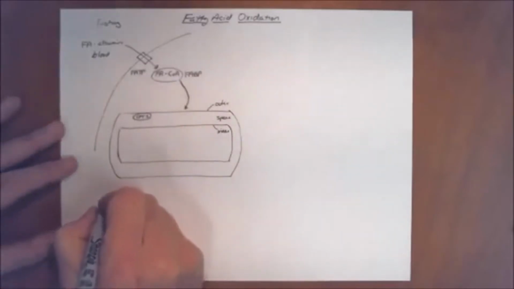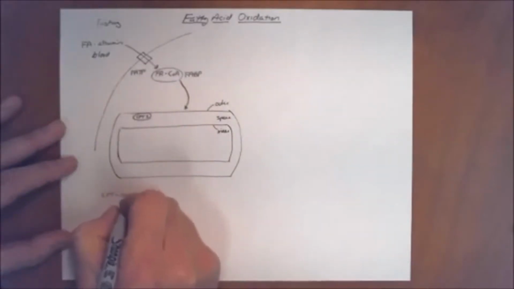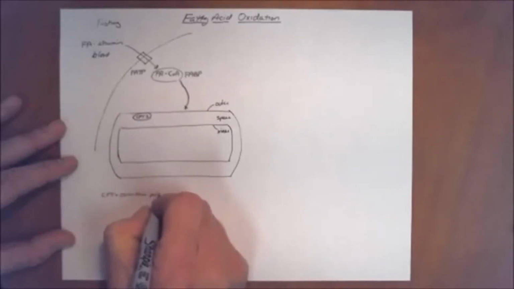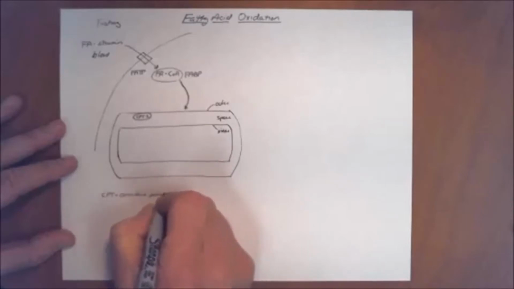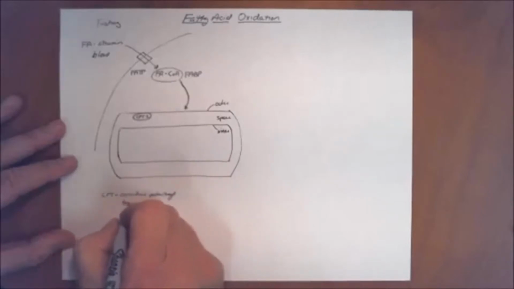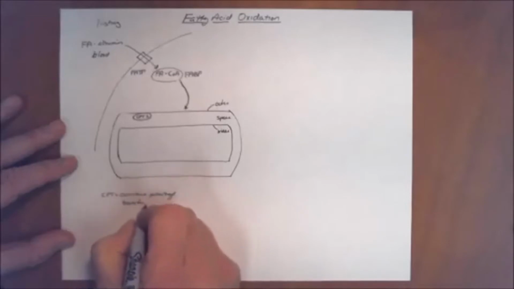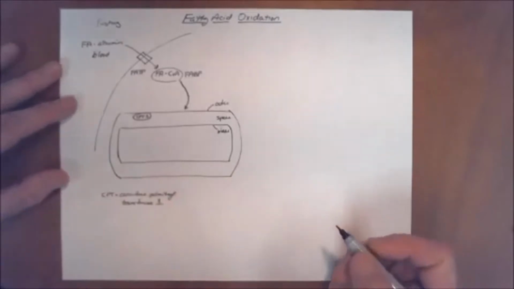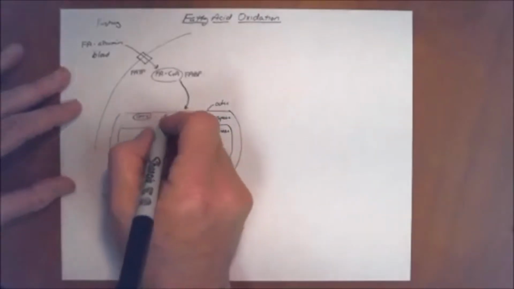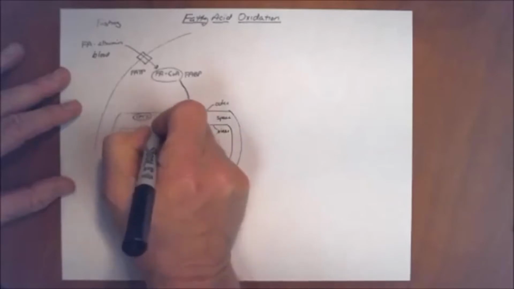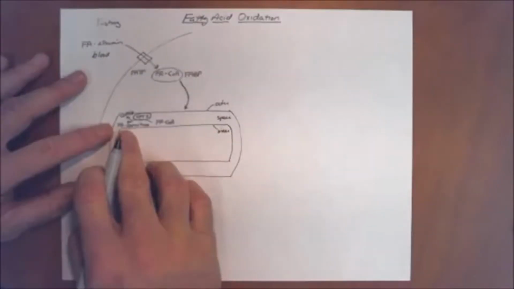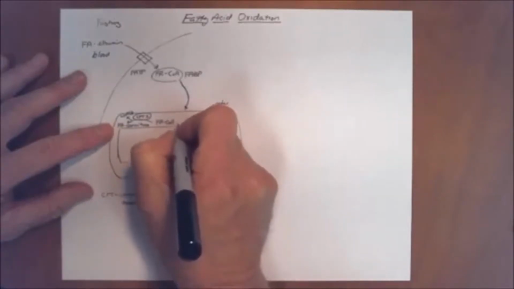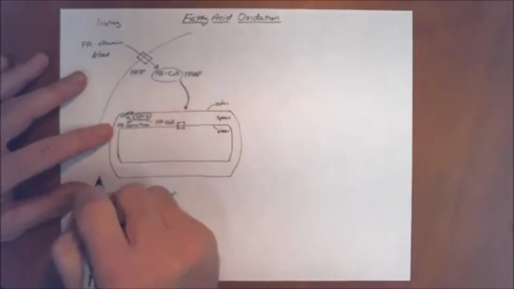CPT1 stands for carnitine palmitoyl transferase type 1. The job of this enzyme is to convert the fatty acyl-CoA into a fatty acyl carnitine.